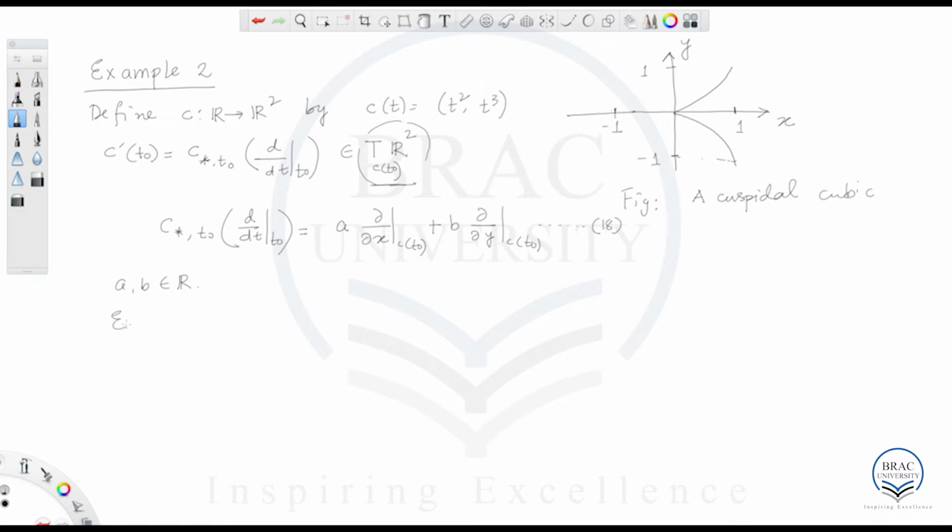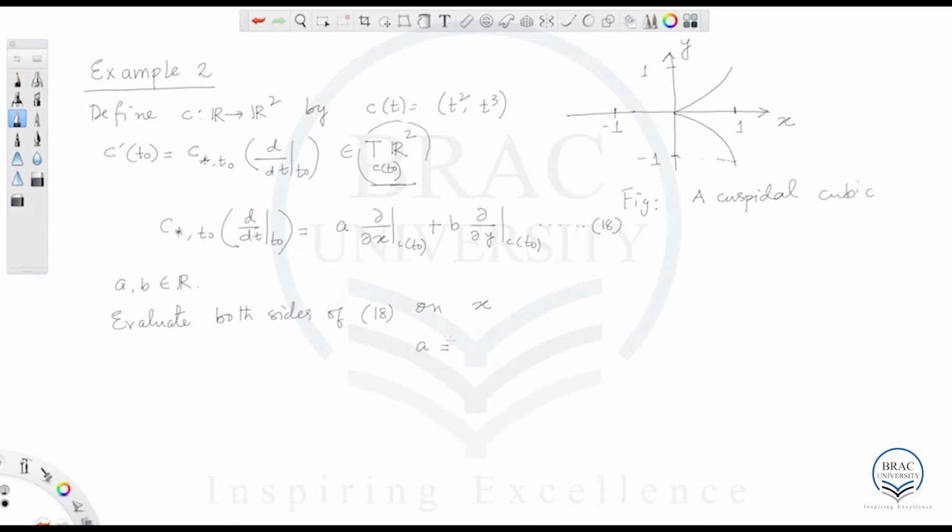So evaluate both sides of 18 on the function x, and that will give us this coefficient A. So on the right side, this coefficient will survive only.